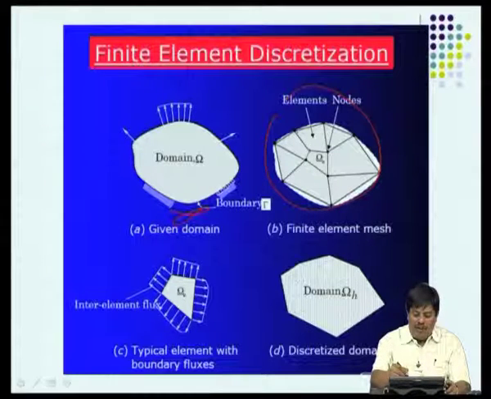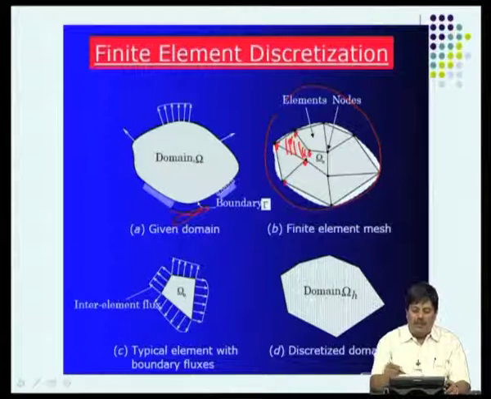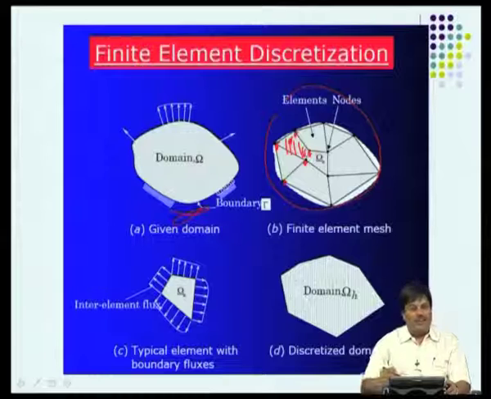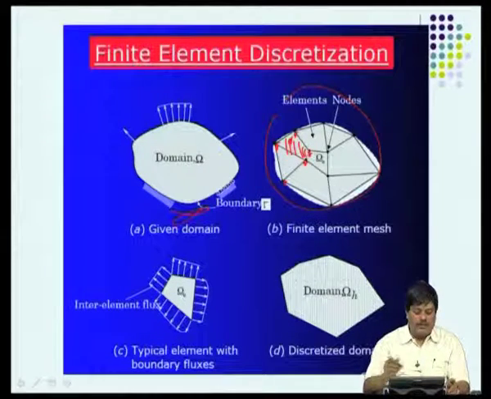So, these points are called the nodes, and this is a typical element. We take each one of these, fit the approximate function, develop all the mathematics concerning this element, assemble the whole region and get the solution in terms of nodes. That in essence is what we call the finite element or finite element discretization.